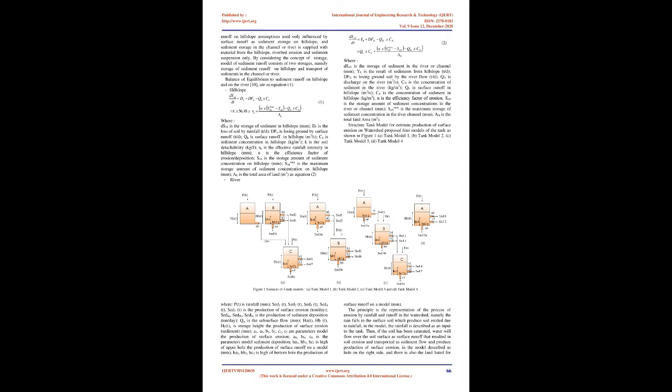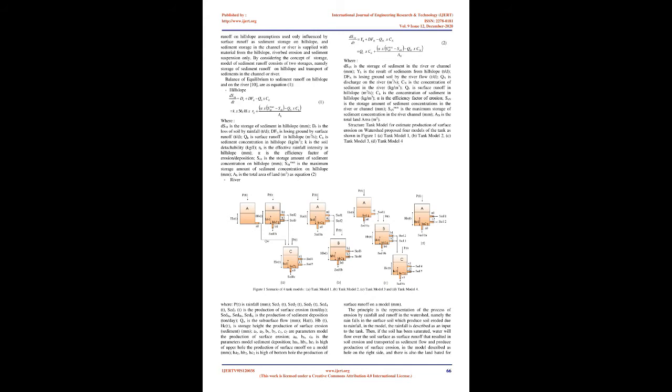Where DSSH is the storage of sediment in the hill slope, Dr is the loss of soil by rainfall, T/D, DFH is the loss of ground by surface runoff, T/D, QH is surface runoff in the hill slope, M3/S, CH is the sediment concentration in the hill slope, Kg/M3, K is the soil detachability, Kg/J, RH is the effective rainfall intensity in the hill slope, A is the efficiency factor of erosion/deposition, SSH is the storage amount of sediment concentration on the hill slope, Smax is the maximum storage amount of sediment concentration on the hill slope, A is the total area of land, M2, as equation 2.